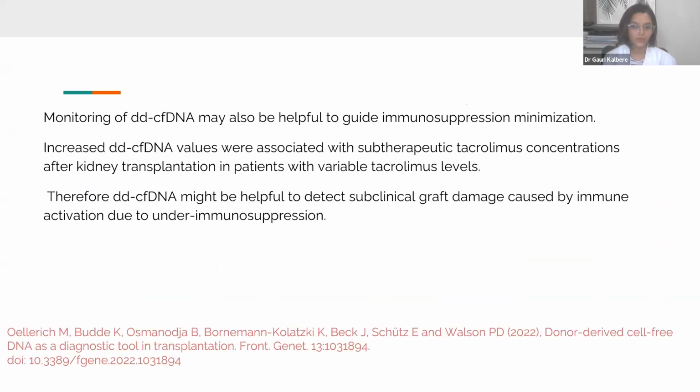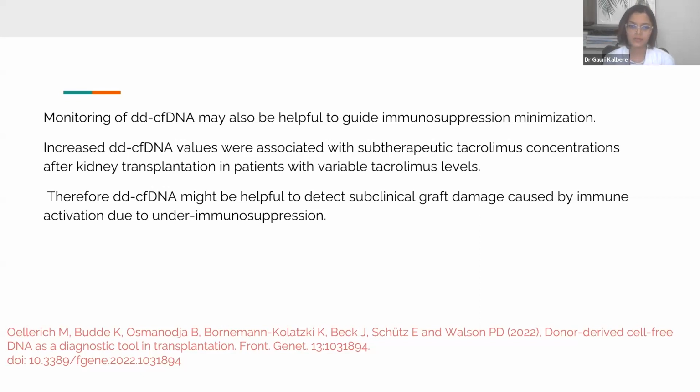So what do we learn from all this? That monitoring of donor-derived cell-free DNA may also be helpful to guide immunosuppression minimization. One more important thing was that Ulrich et al. found that increased donor-derived cell-free values were associated with subtherapeutic tacrolimus concentrations after kidney transplantation in patients with variable tacrolimus levels.